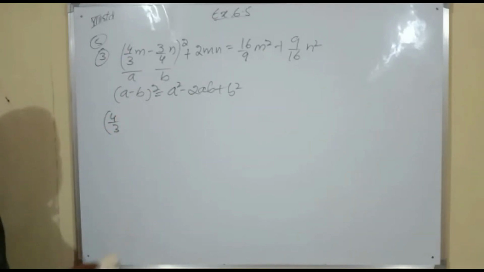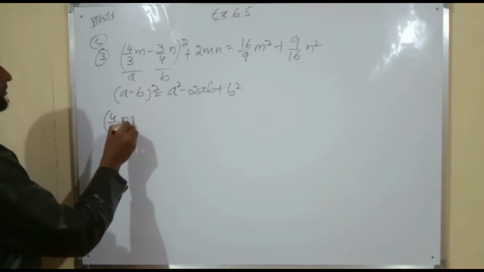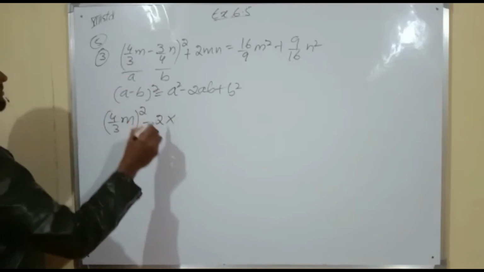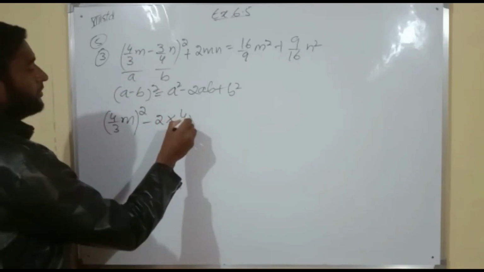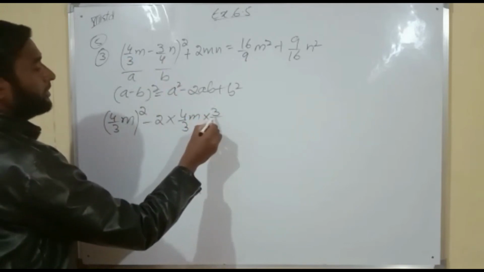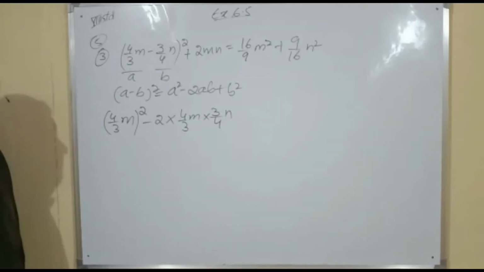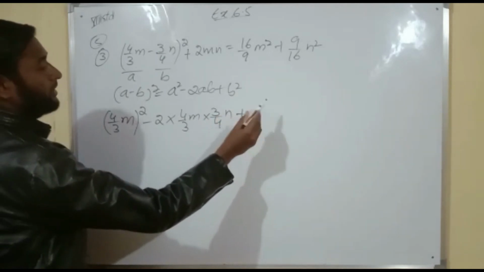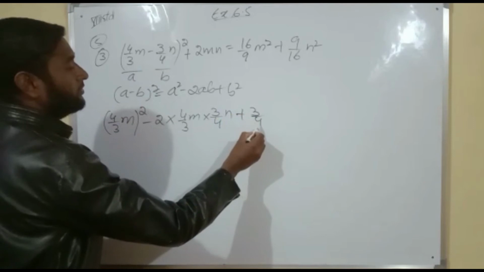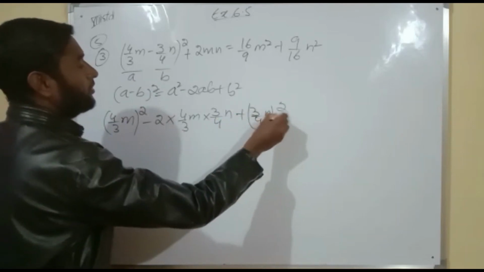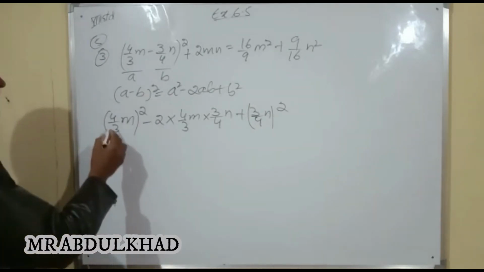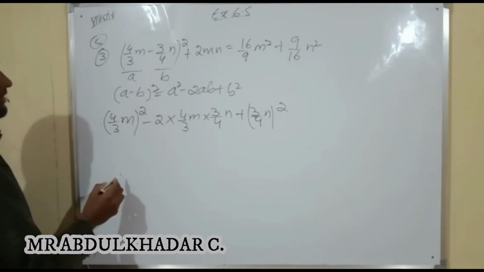A means 4 by 3m whole square, a square minus 2 into a, which is 4 by 3m, into b, which is 3 by 4n. Plus b square is 3 by 4n whole square.